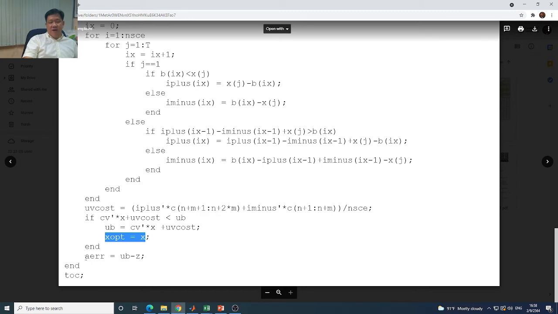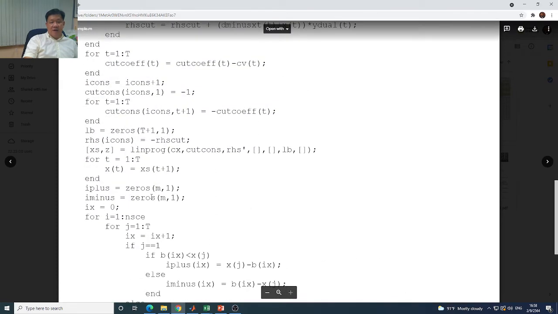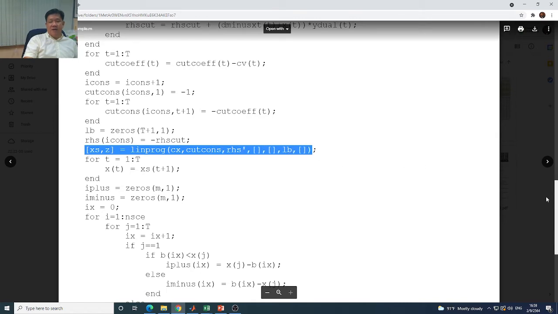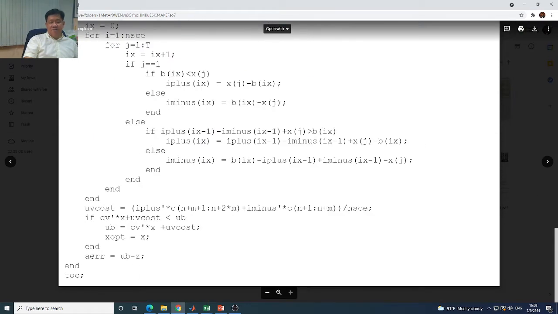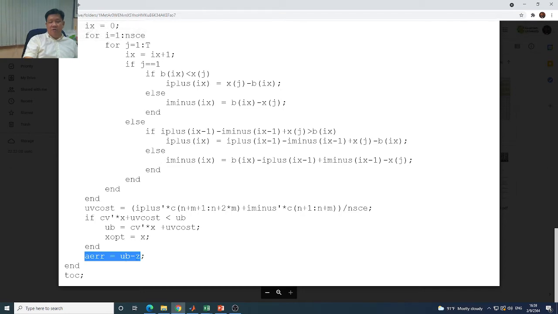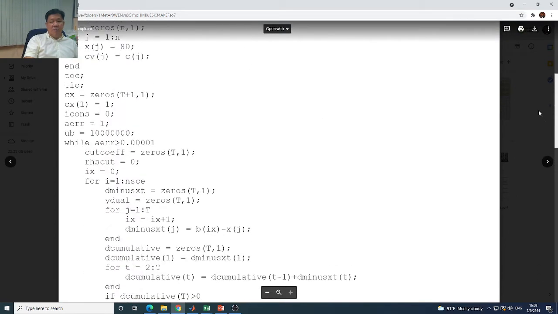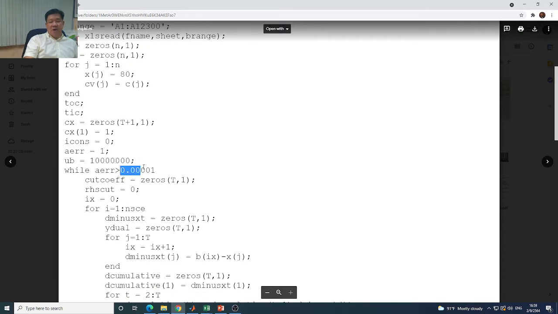And then we find the duality gap between the upper bound and the C. C is resulting from here. Actually this is T, but we already use capital T in the program. So this is the objective value in each iteration of Benders. We check whether this duality gap, the upper bound minus the lower bound, is still greater than the tolerance, so not converged.